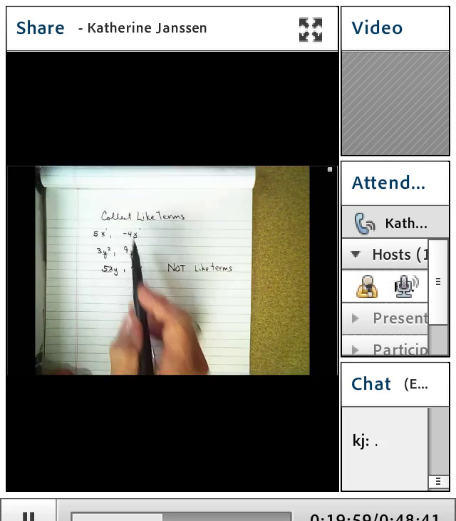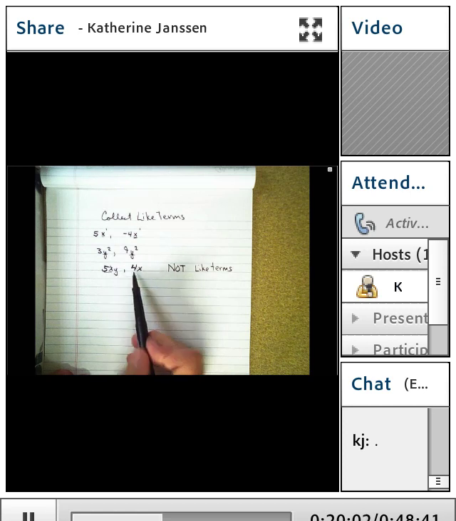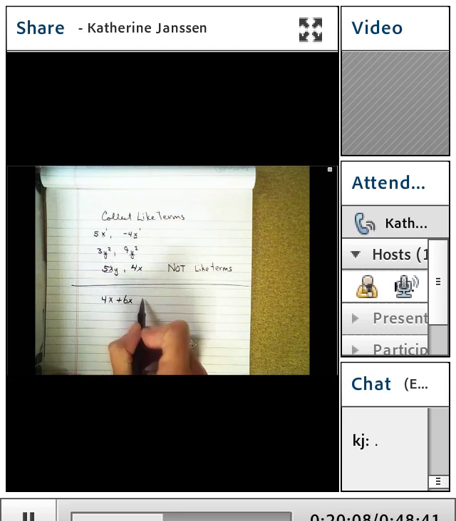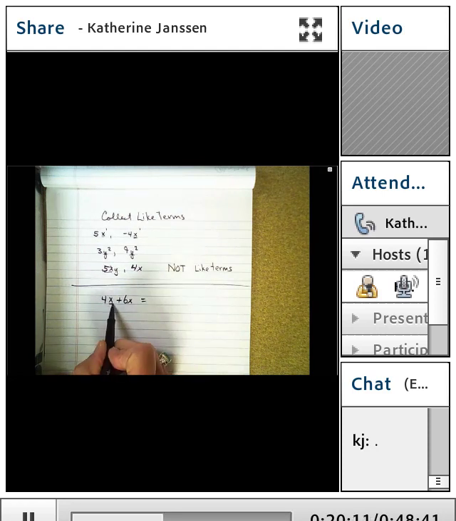Like terms have the same variables to the same degree. So we can collect like terms like 4x plus 6x. These are like terms, the variables are the same to the same degree.